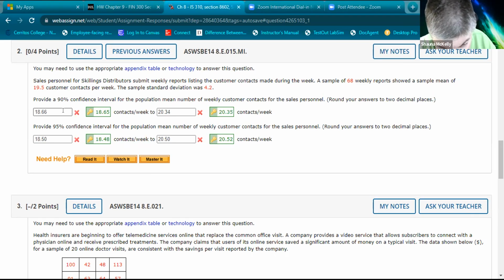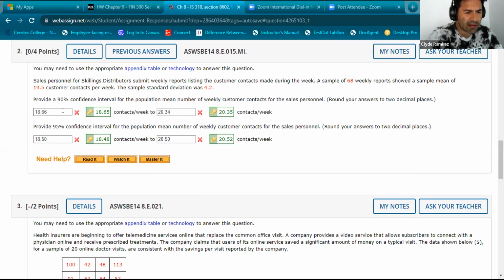Stats tests. What do I put in for a mu0, Shauna? There's a mu0 when I go to z-test. No. They give you what the mean is. It says the mean is 19.5.